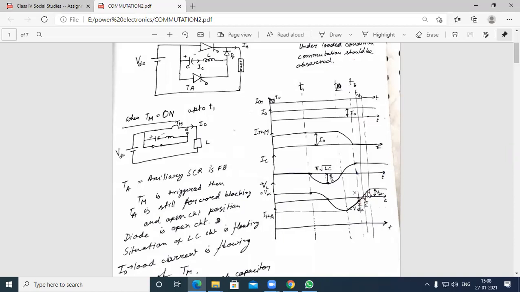This slope is I naught by C. The maximum current flowing through the main thyristor is ITM, which is equal to I naught, and the auxiliary thyristor current is equal to IC, which is equal to VDC root over C by L.